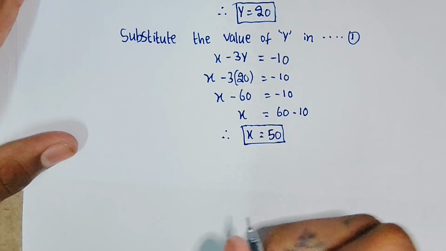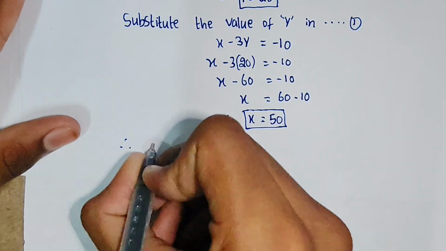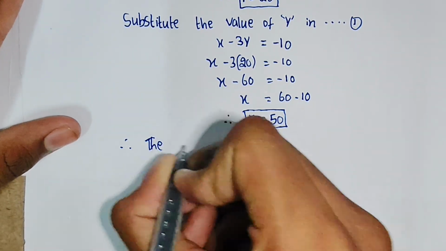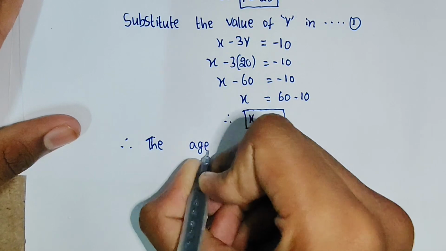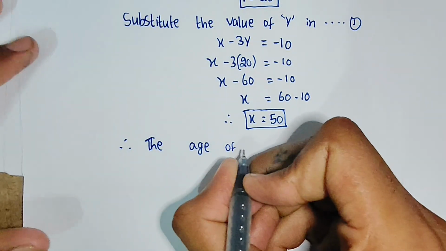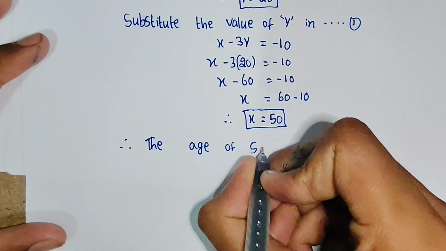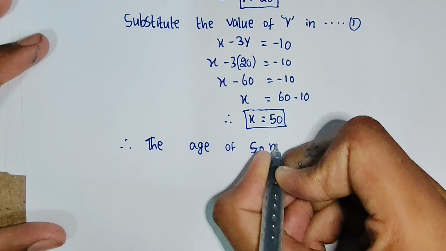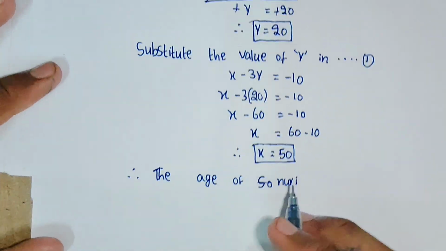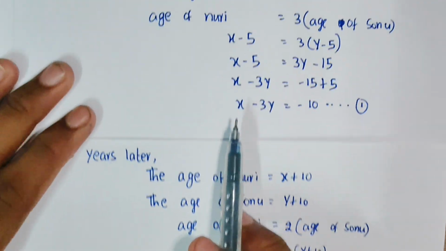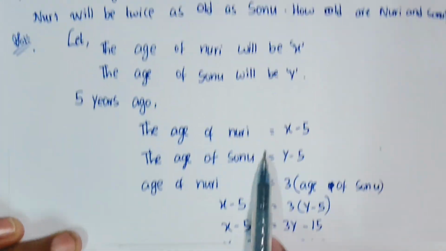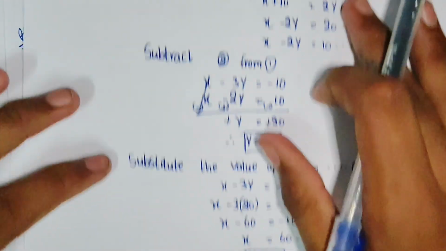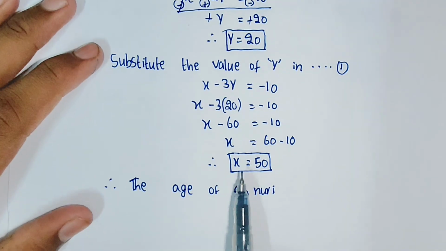So, I am writing here, therefore, the age of Nuri equals, what is the value of x? 50.